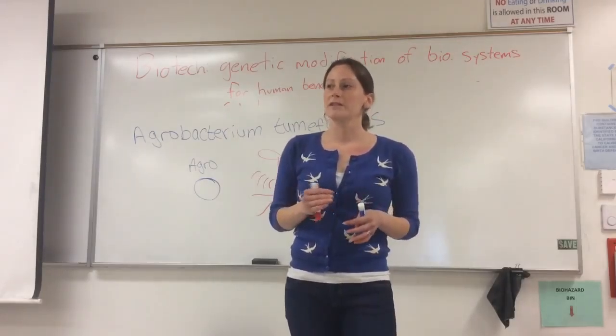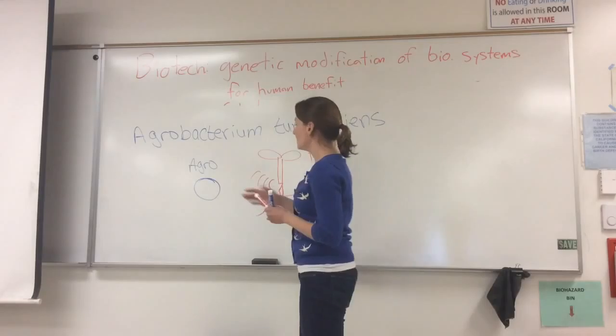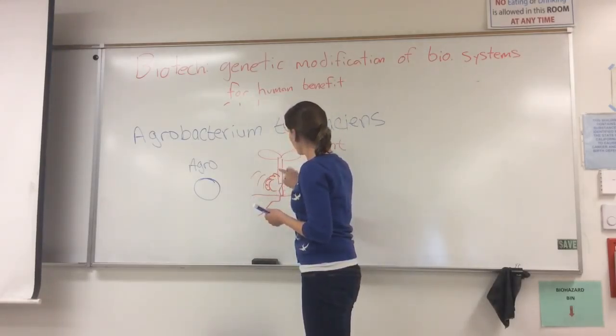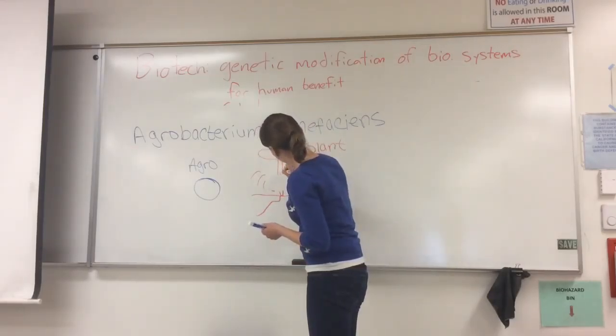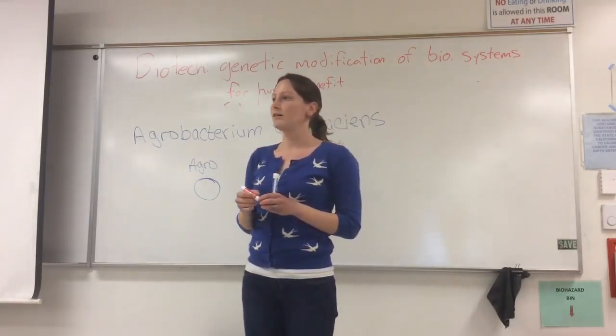And then what's really interesting about this infection is that the plant, after it's been infected, begins to form a large tumor called a crown gall.